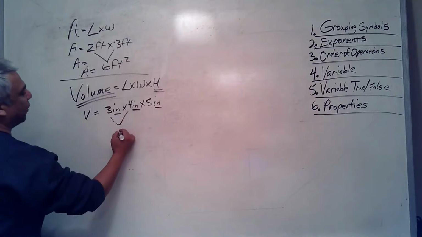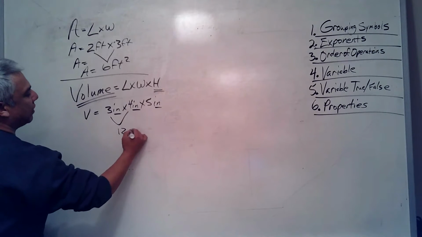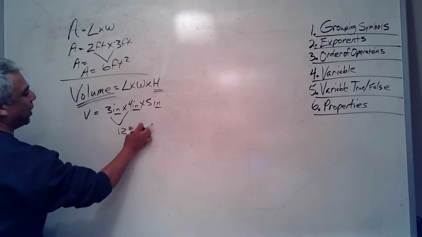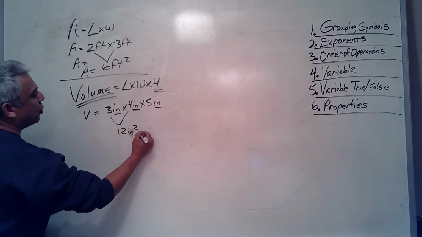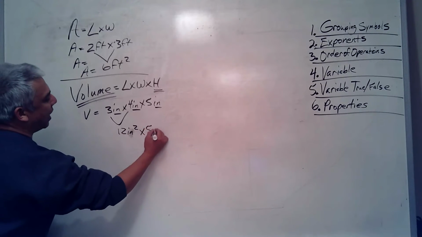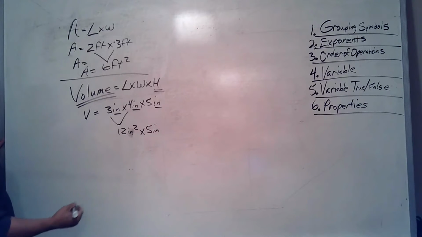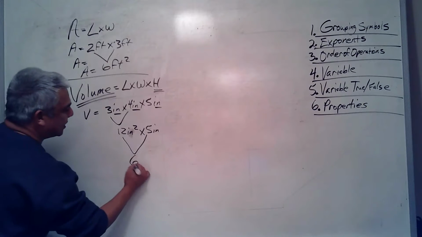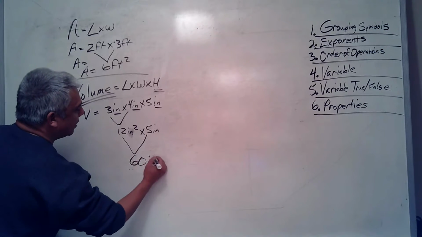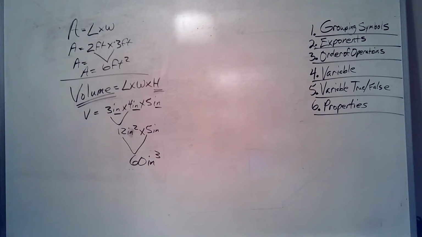So, 3 times 4 is 12. 12 times 5, okay, so that's going to be 12 in to the itty bitty 2 times 5 in. Then we have to go one step further, and we would see that this is 60 in to the itty bitty 3.